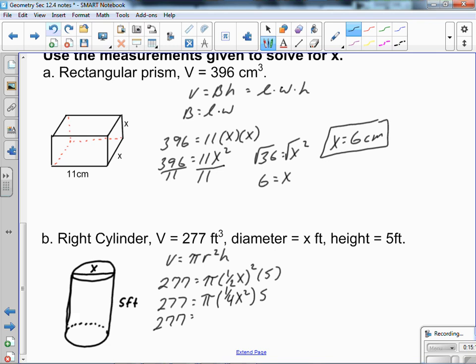If I do 1/4 times 5, it's going to give me 1.25 pi x squared.